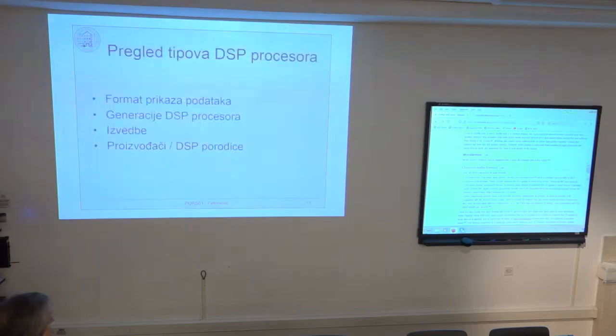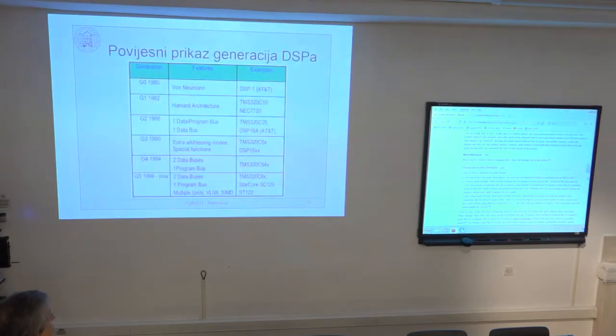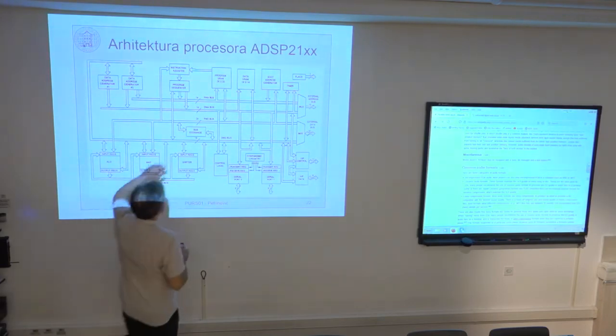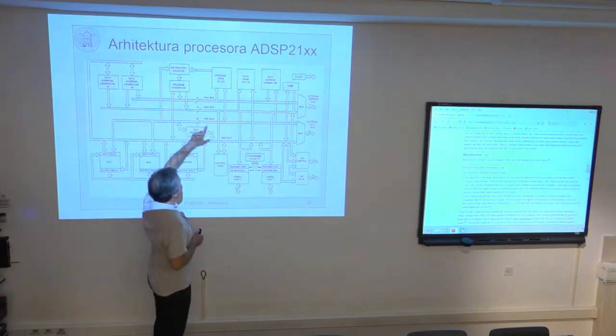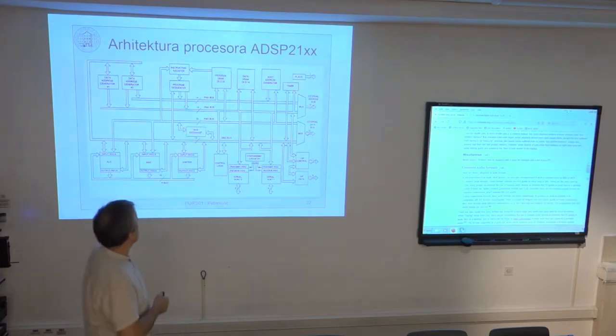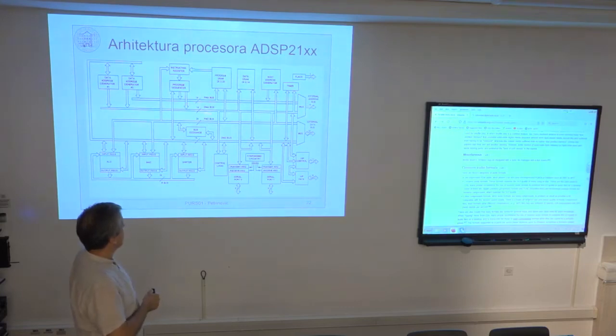And these buses are shown in detail here for this very simple DSP processor. So you have 2 data buses, these 2: program memory data bus and data memory data bus. And these 2 are address buses: program memory address bus and data memory address bus.